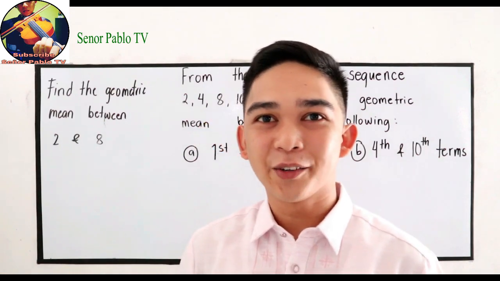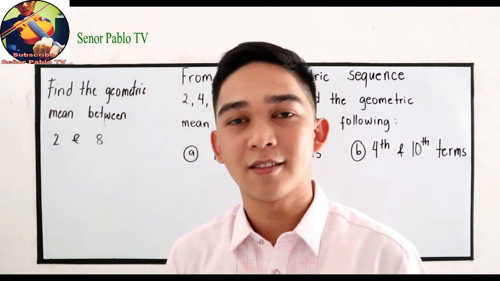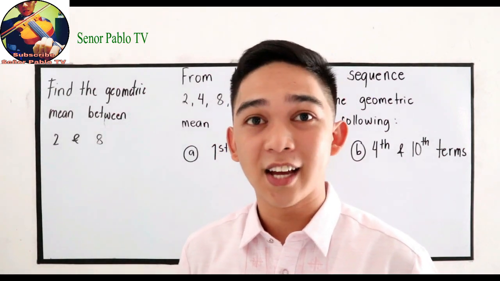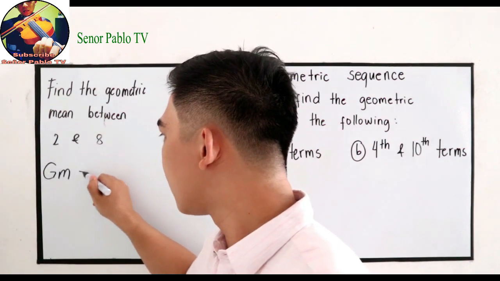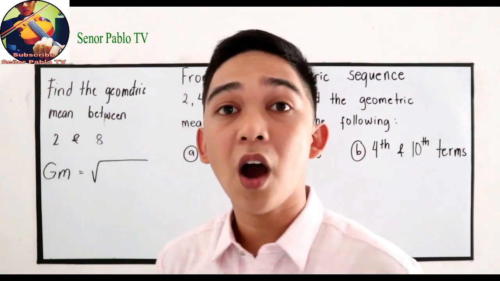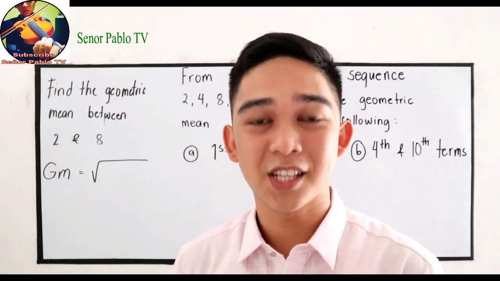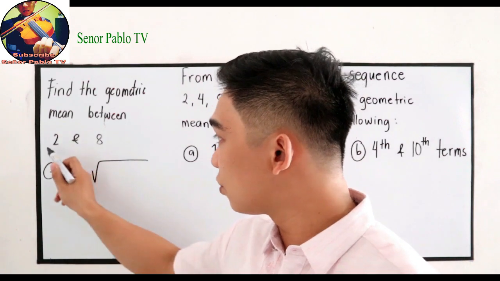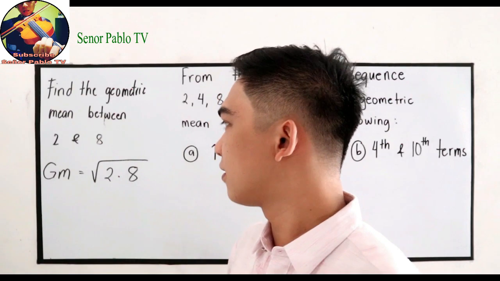Okay, example tayo. Find the geometric mean between 2 and 8. So, meron tayong formula dyan. We have geometric mean is equal to the square root of the two given terms of the sequence. So, ito, 2 and 8. So, 2 times 8.